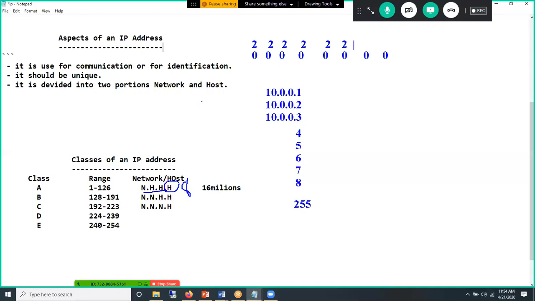Here I want to show you how we got the number 255. An octet means we have a total of 8 bits, 0 to 7. So the values are 2 power 7, 2 power 6, 2 power 5, 2 power 4, 2 power 3, 2 power 2, 2 power 1, and 2 power 0.